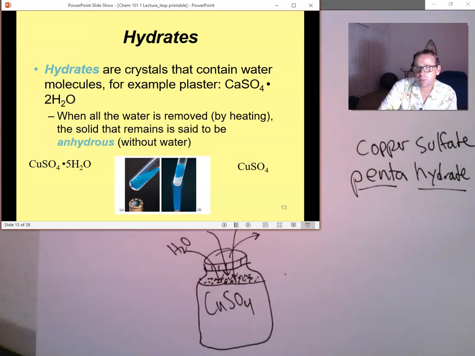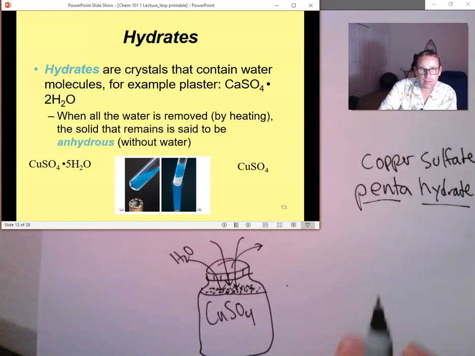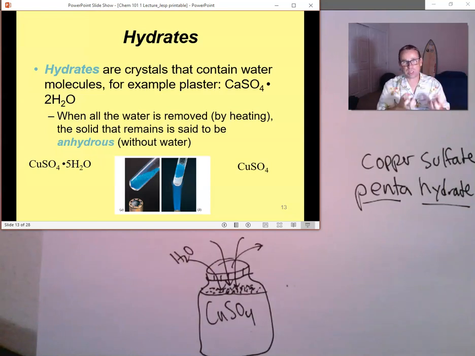What does that word mean? It absorbs it. That's right. It absorbs the water onto the surface.